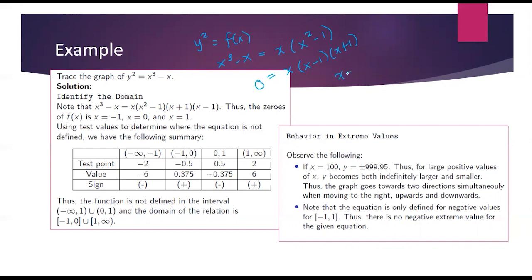I have x is equal to 0, and then the other one, x minus 1 is equal to 0, and then you have x plus 1 is equal to 0. This implies that x is equal to positive 1, and x plus 1 is equal to 0 means that your x here is equal to negative 1.